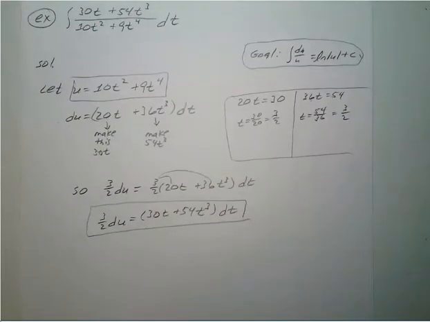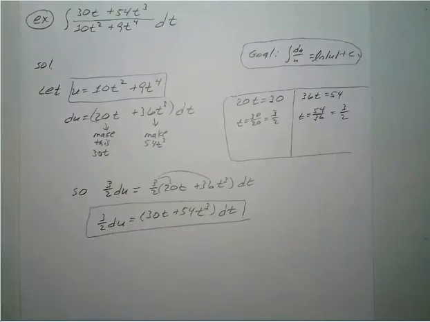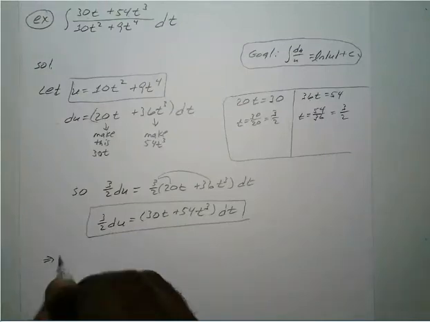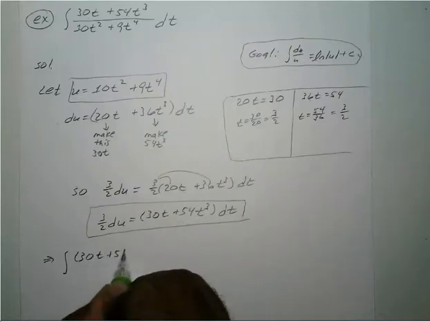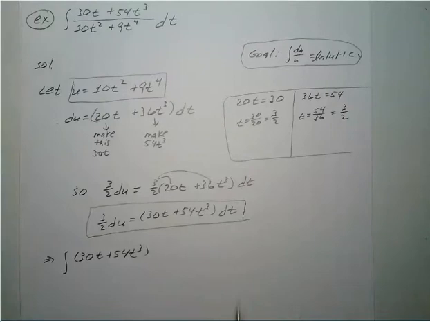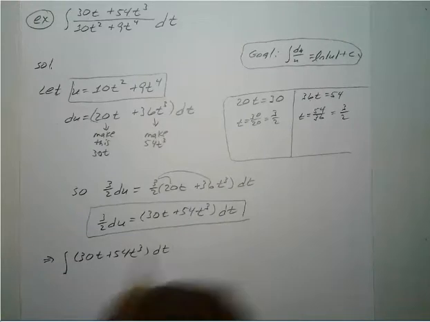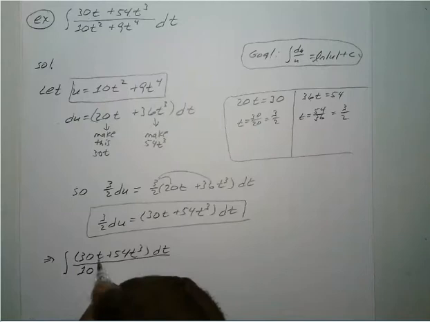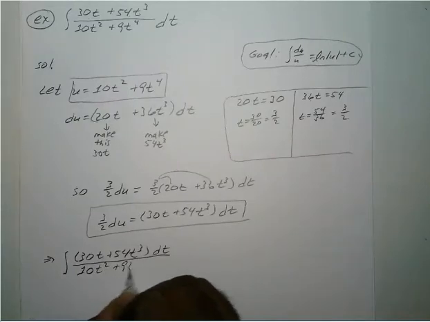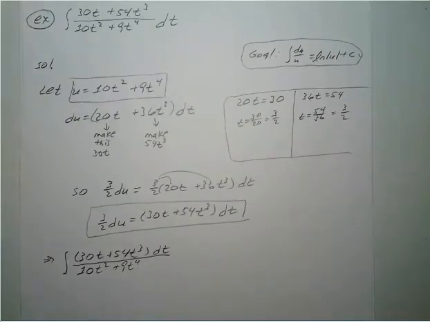All right, so now that we have all of our u's and du's ready, we have the integral of 30t plus 54t to the third. And again, that dt, we're just going to move that right up top. Again, you don't have to. It's just for visualization purposes. Okay, over 10t squared plus 9t to the fourth, which remember, down here, that's our u.